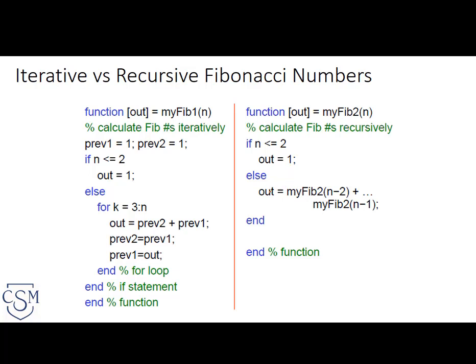But if it's not, it's my Fibonacci sequence n minus 2 plus n minus 1. Actually, these could go in either order. It doesn't really matter, it's just a linear combination here. But in this case, we put the n minus 2 recursive call first before the n minus 1. And that's the recursive function. So let's take a look in the code for MATLAB.